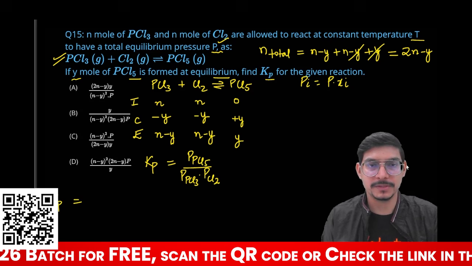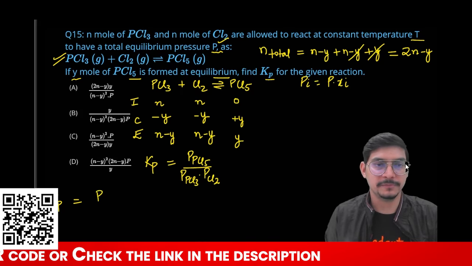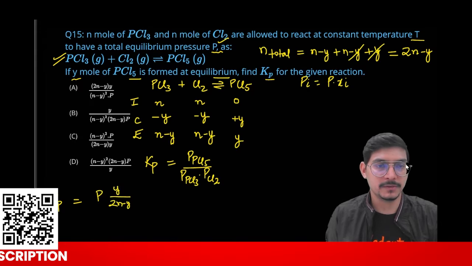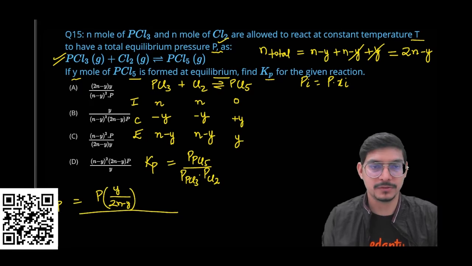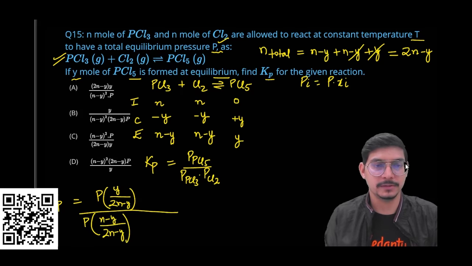So the partial pressure of PCl5 is the total pressure, which is just P, and mole fraction of PCl5, which is y divided by 2n minus y. So that's it for PCl5 divided by, in the denominator we have partial pressure of PCl3, which is the total pressure as P, and number of moles of PCl3 as n minus y divided by 2n minus y. And you can see that same will be for partial pressure of chlorine, total pressure as P and the mole fraction of chlorine as n minus y divided by 2n minus y.